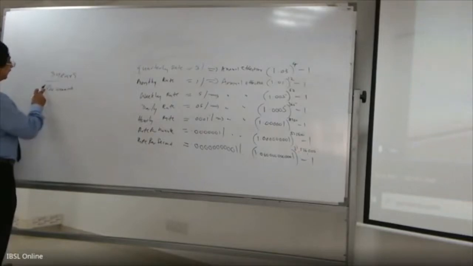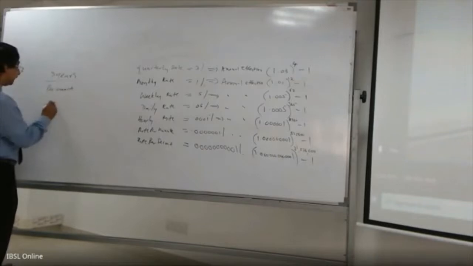But no, we have to get the per annum rate. Then only we can do that. e to the power, sorry, e to the power rn. N is the number of years.